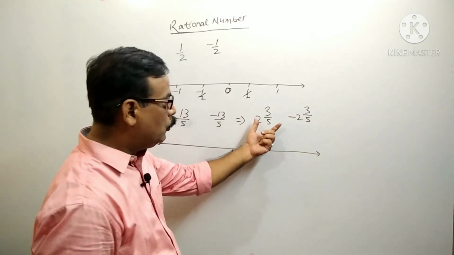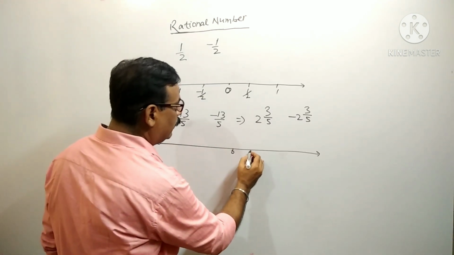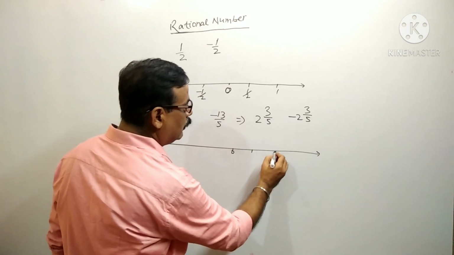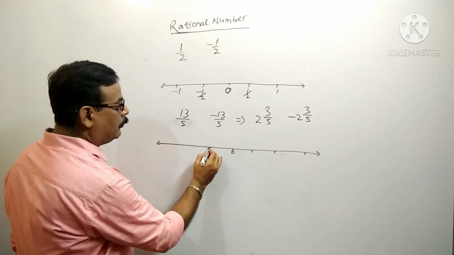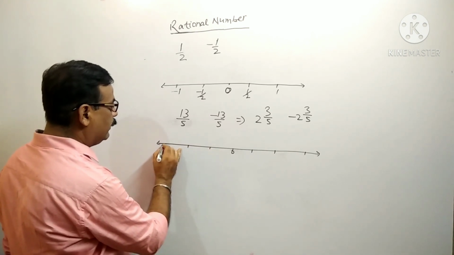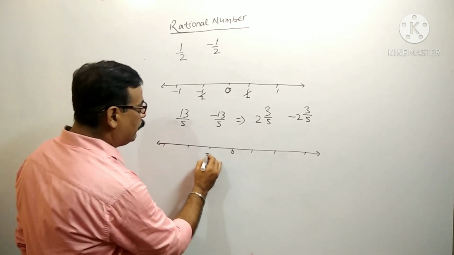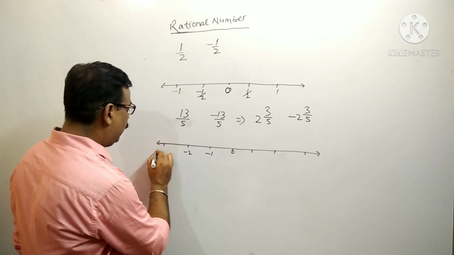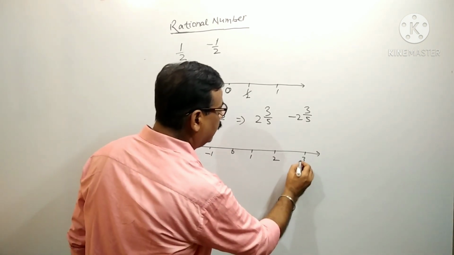So it is easy to represent on a number line, and here we take units as 1, 2 and 3, and once again here 1, 2 and 3 as equal units. We can write here minus 1, minus 2 and minus 3, and here 1, 2 and 3.